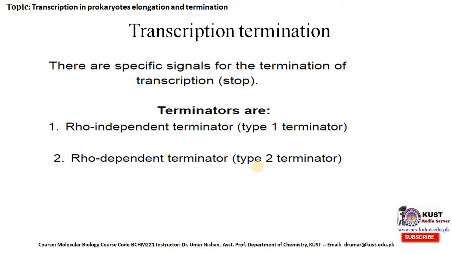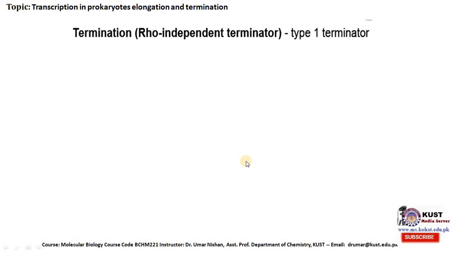So the process of termination can happen by two processes. One is called rho independent terminator or type 1 terminator, and the other one is rho dependent terminator or type 2 terminator. So we begin by trying to understand termination, that is rho independent terminator or type 1 terminator.